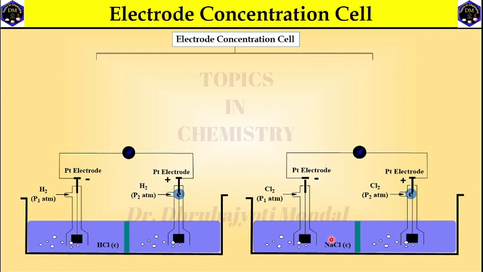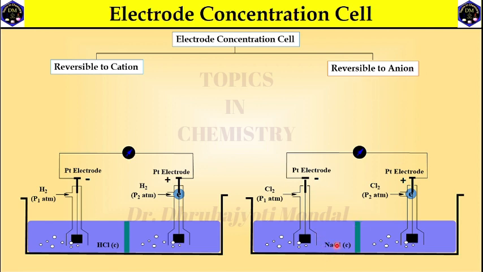What are those types? First, reversible to cation. Here you can see the cation forms at the left hand electrode. Then this cation takes the electron and converts to hydrogen gas. So that's why this is reversible to a cation. Another type is reversible to anion. Why is it reversible to anion?